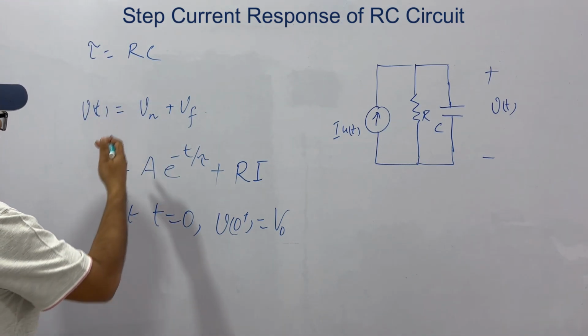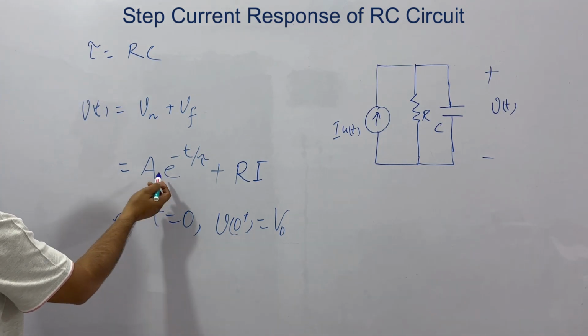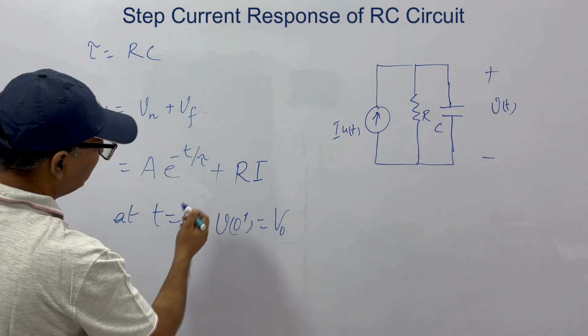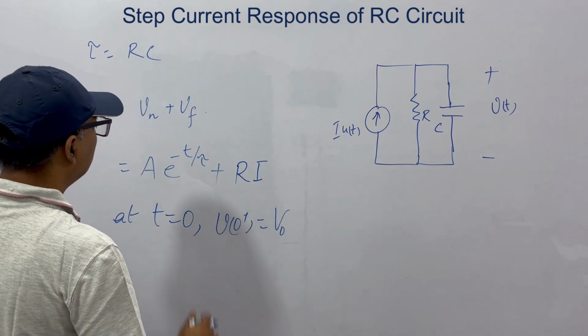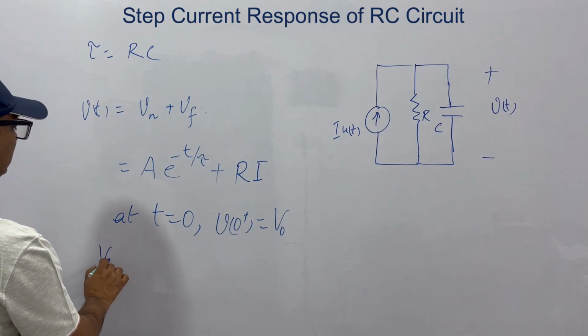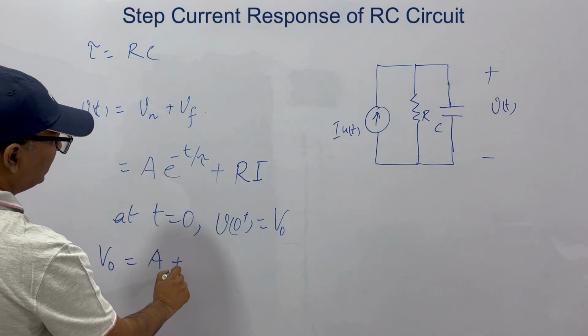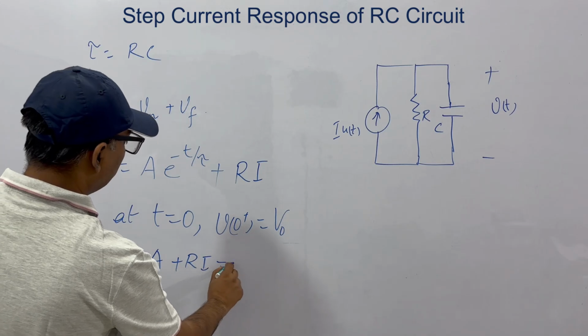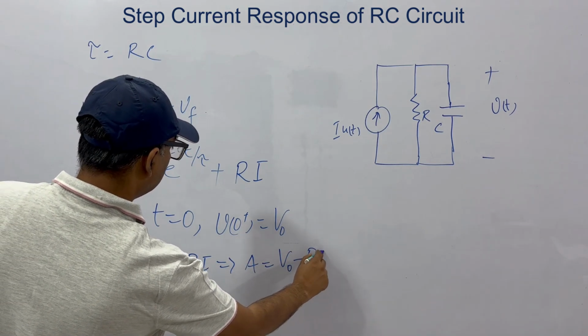You can do it for both and get both equations. Let's take v(0+) equal to V0. This means V0 is equal to A at t equal to 0, this is 1, plus R I. So you get A equal to V0 minus R I.